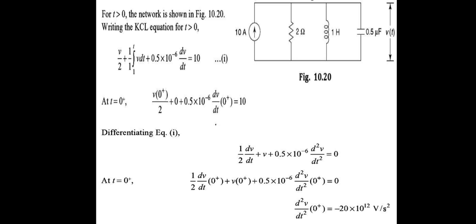The first one is half into dV/dt of 0 plus, and similarly d square V by dt square of 0 plus, which from the solution is minus 20 into 10 power 12 volt per second square. So this is about d square V by dt square of 0 plus.